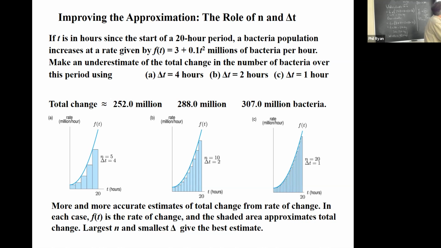So we know the true answer is going to be a little bit more than 307 million. We see that our answer is starting to stabilize. Trouble is, you've got to do a lot more work with integration than you have to do with differentiation. So tomorrow when we look at an Excel file, we'll see that.